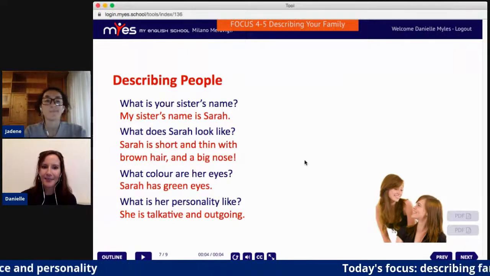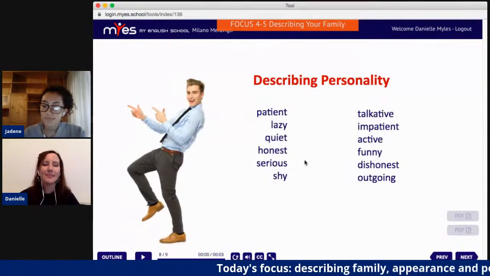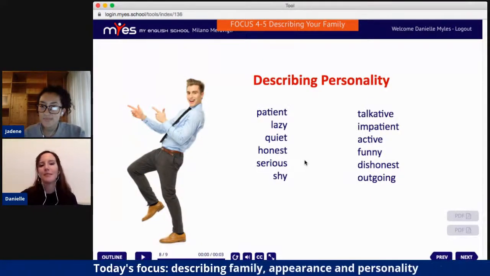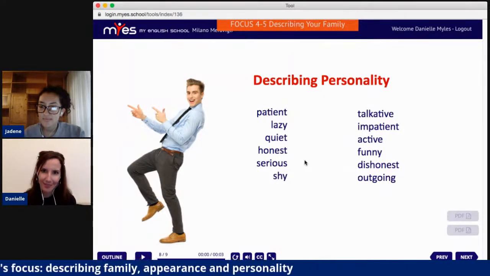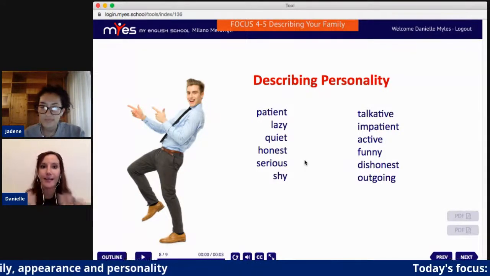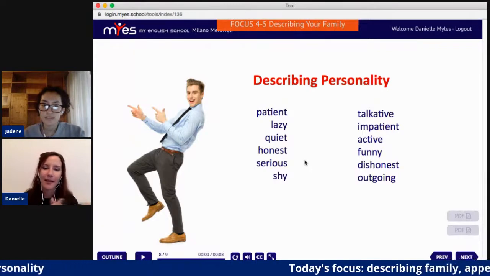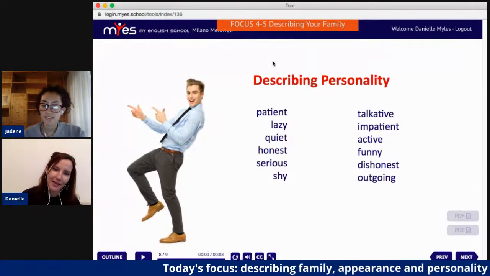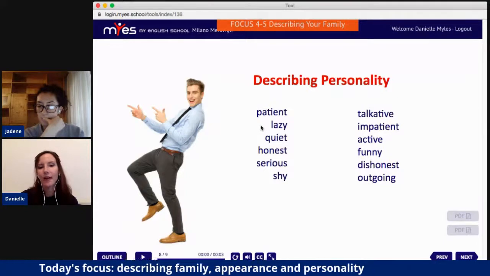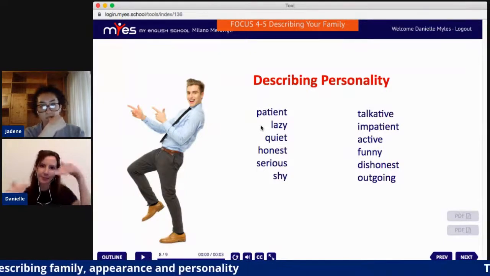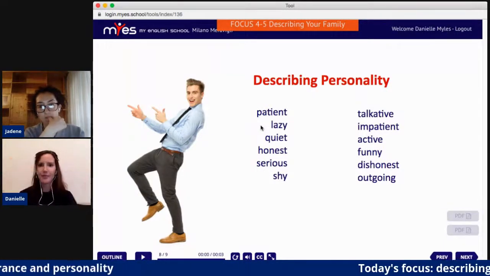Now let's go on. Here we have some adjectives to describe someone's personality, someone's character. On the left we have some adjectives, and on the right are their opposites. You need to match the opposites.